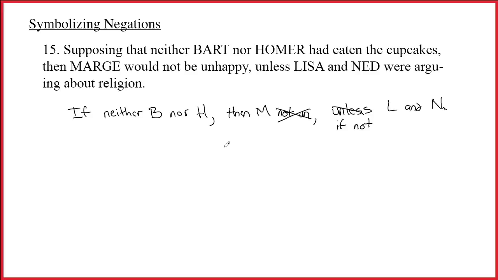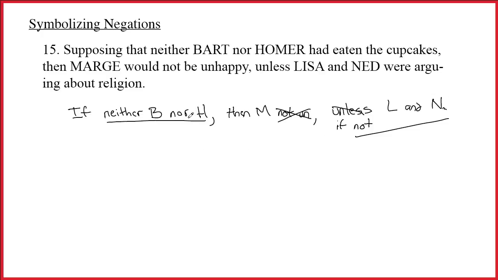Do we see any obvious groupings, places where we would put in parentheses? Well, notice neither B nor H is clearly a chunk. And if not L and N, that's also clearly a chunk. Now, I'm not going to put in parentheses because I don't want to give away what's going on here.